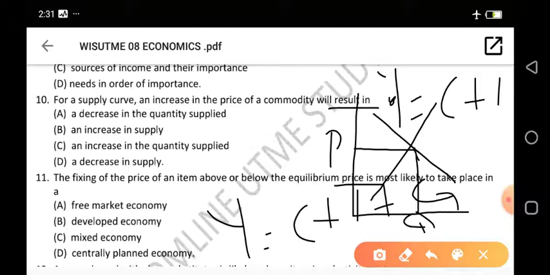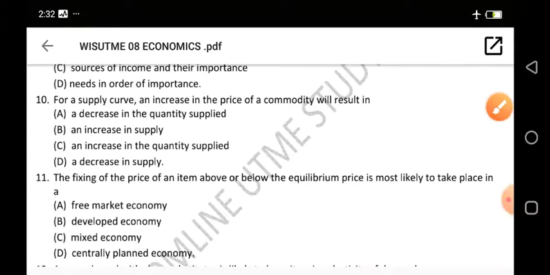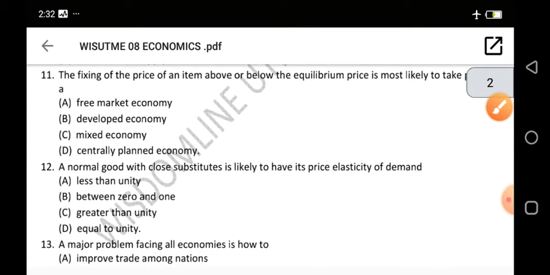Government is just there to control the excesses of the private sector, and that is what price control does. So with this knowledge of price control, you agree with me that the answer is C, a mixed economy system. That will take us to number 12.